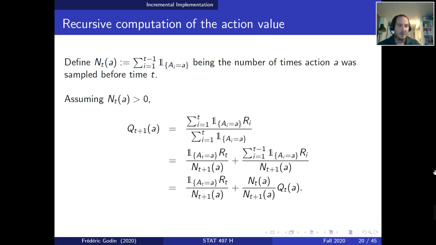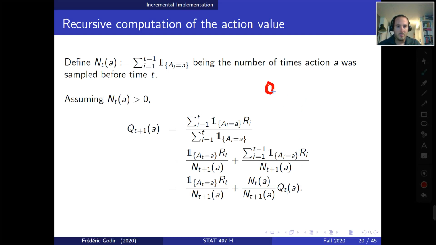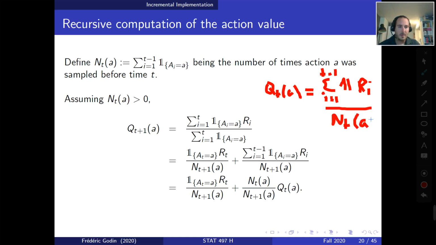And here, if we take the definition, maybe I'll write this. The definition of Q_t(a) was equal to the sum over i from 1 to t minus 1 of the indicator, I won't write this, just for convenience, times R_i, divided by N_t(a).